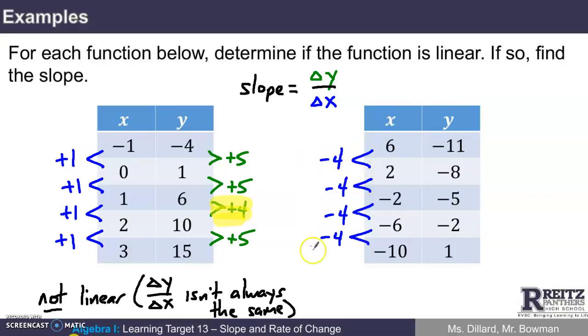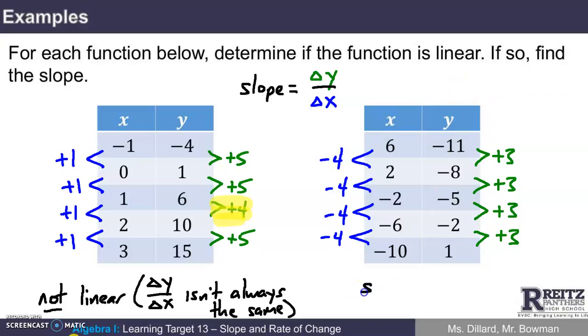We've got the same delta x everywhere. Do we get the same delta y? How do I get from negative 11 to negative 8? I need to add 3. Negative 8 plus 3 is negative 5. Negative 5 plus 3 is negative 2. Negative 2 plus 3 is 1. Well, delta y over delta x is the same.